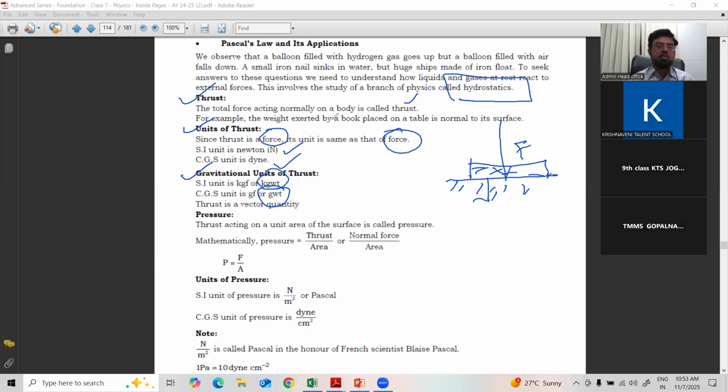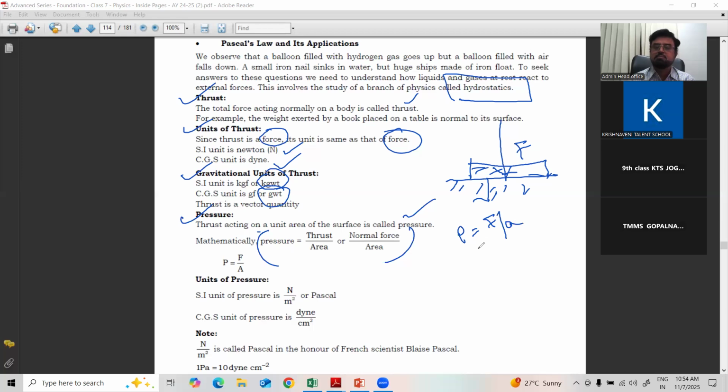Next comes the very important term of the chapter, pressure. Thrust acting on a unit area of the surface is called pressure. Pressure is thrust by area, or force by area. Pressure is equal to force by area.